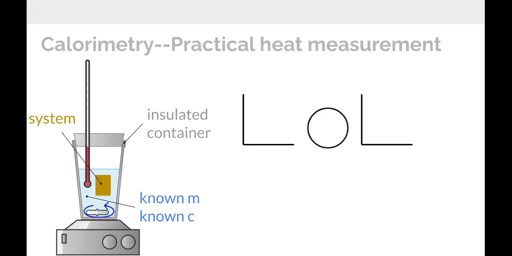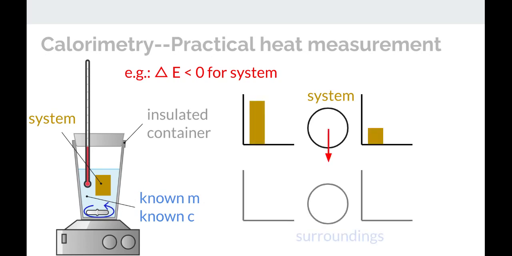And then if you think about energy transfer, if you have, for example, a system that gives off energy, then that means your system is going to lose energy storage, and that energy is going to go out of the system and into the surroundings, and then the surroundings are going to gain the equivalent amount of energy.